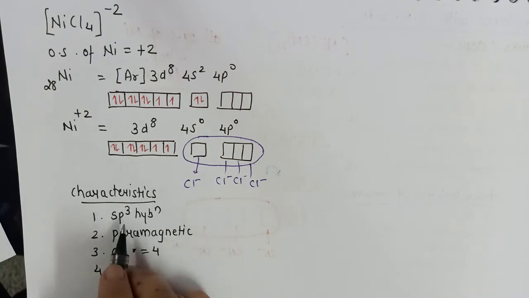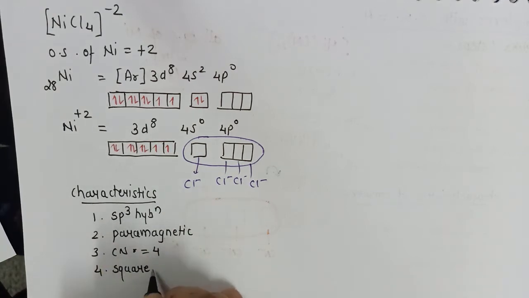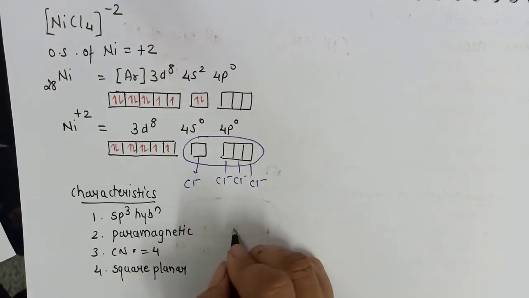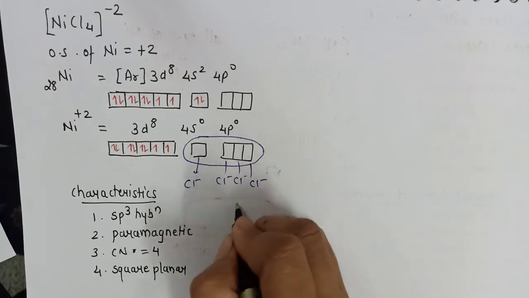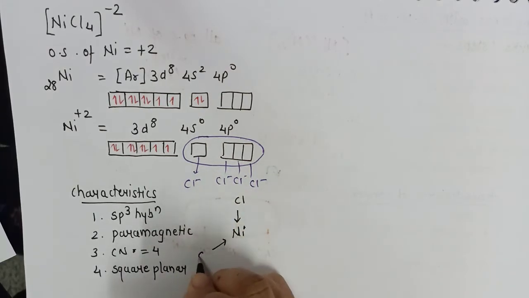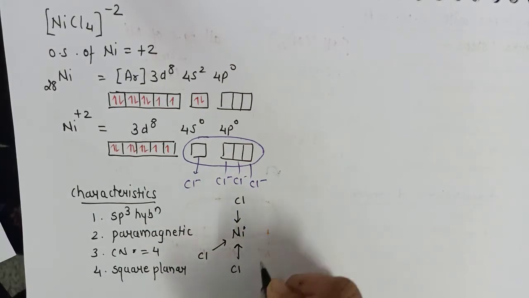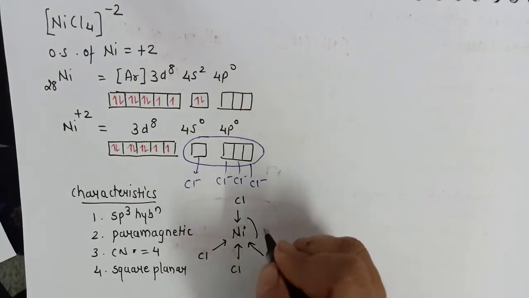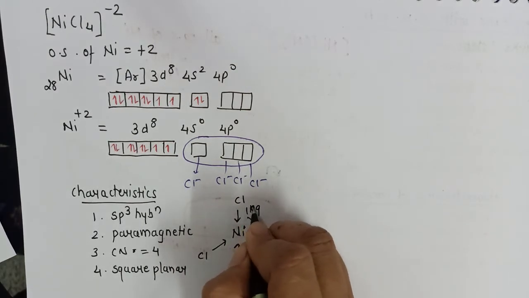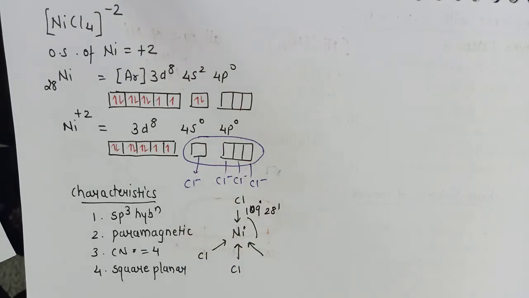And fourth, since it's sp3 hybridization, its structure is tetrahedral. Nickel is the central atom and 4 chlorides are arranged in a tetrahedral manner with a bond angle of 109 degrees 28 minutes.